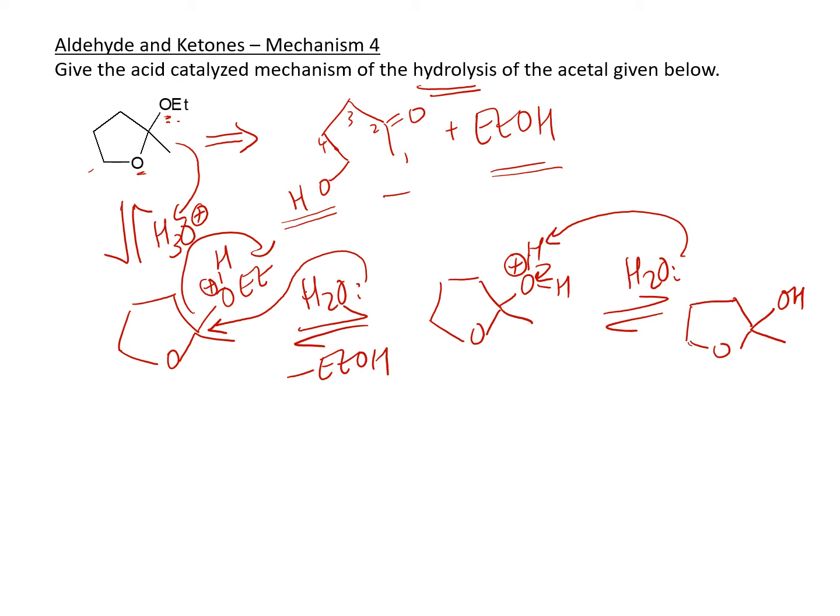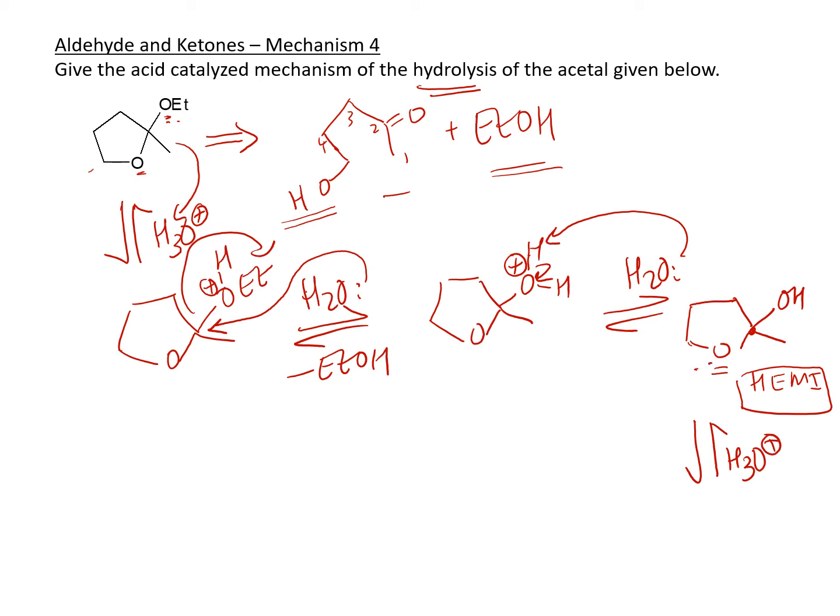Okay. So this is the hemiacetal, which means that the next step that I have to do is remove this oxygen. Not remove it, I can't remove it, it's internal. So I need to break that bond in order to form my carbonyl on that carbon which has the dot on it, so H3O plus.